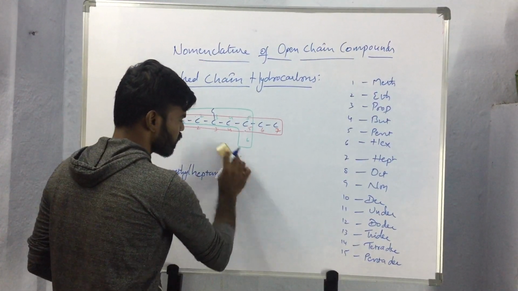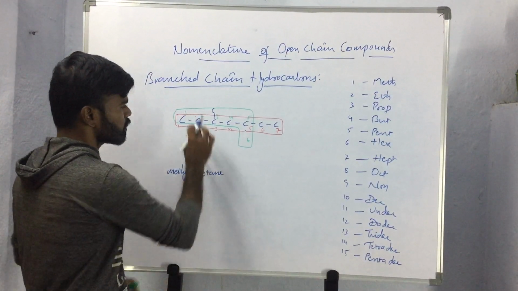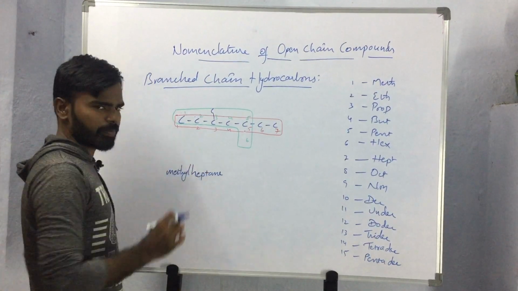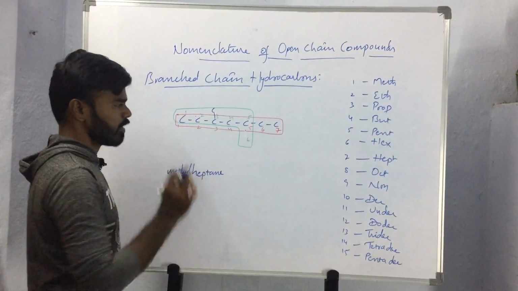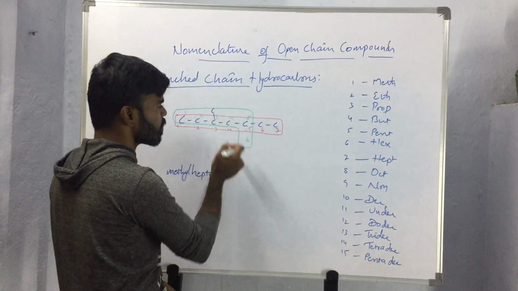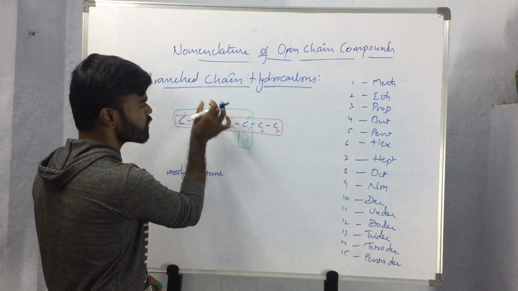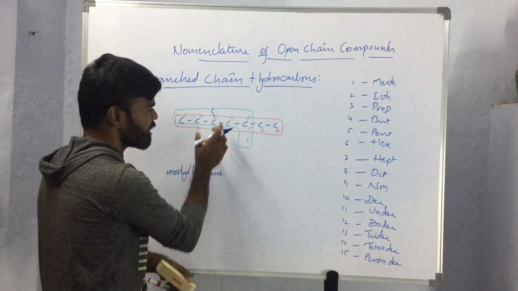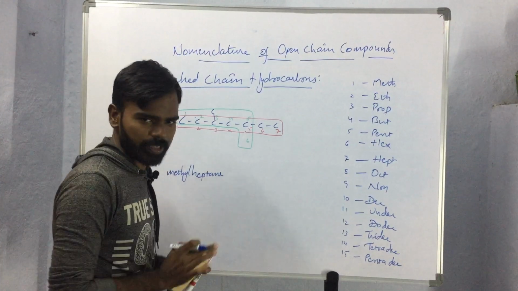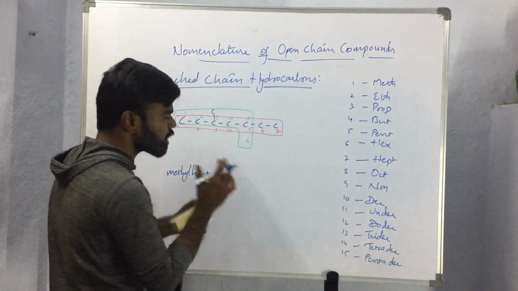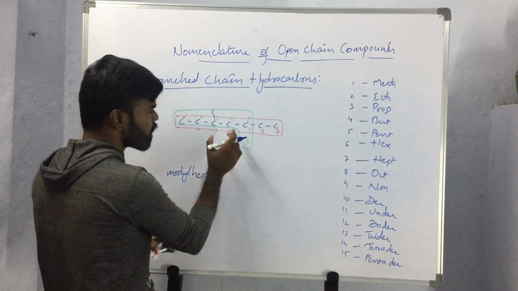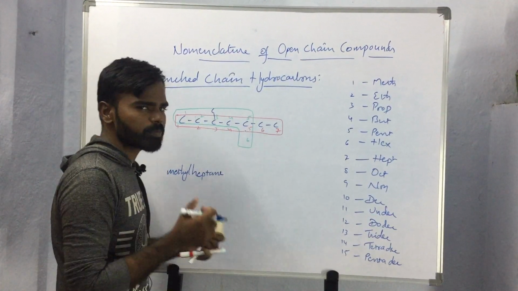Why? Because the longest continuous chain is heptane and the substituent is methyl. So no matter on which carbon atom this methyl substituent is present, we will be calling it methyl heptane only. So we will be getting confused on which carbon atom this methyl substituent is present.